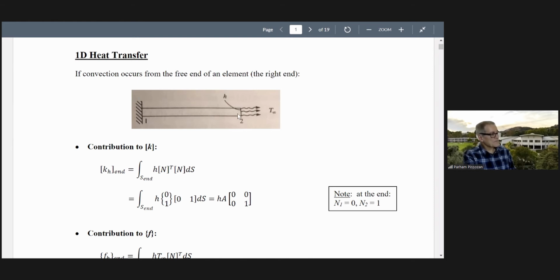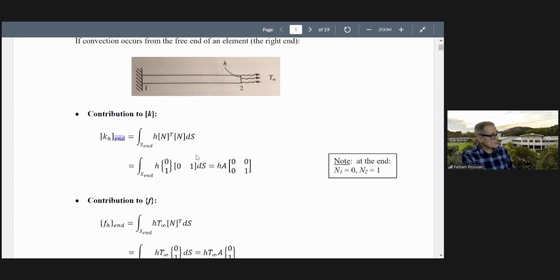So we are evaluating it at the tip, and the dS integral over this surface would be the area. So this is this term. If convection takes place from the tip of the last element, add it to the element stiffness matrix for that element.